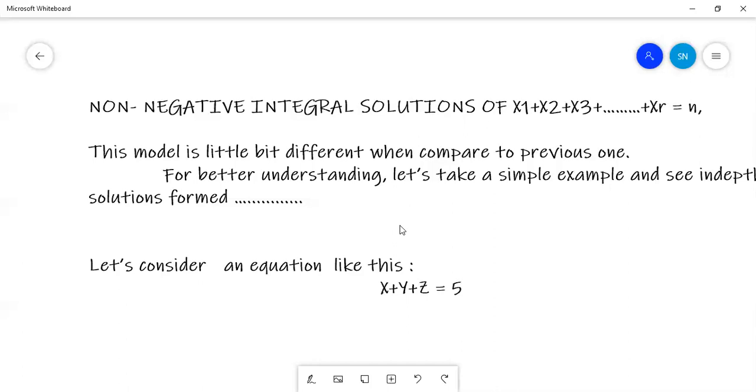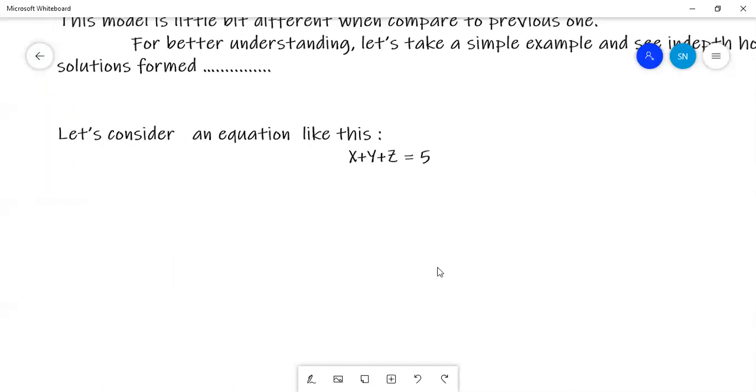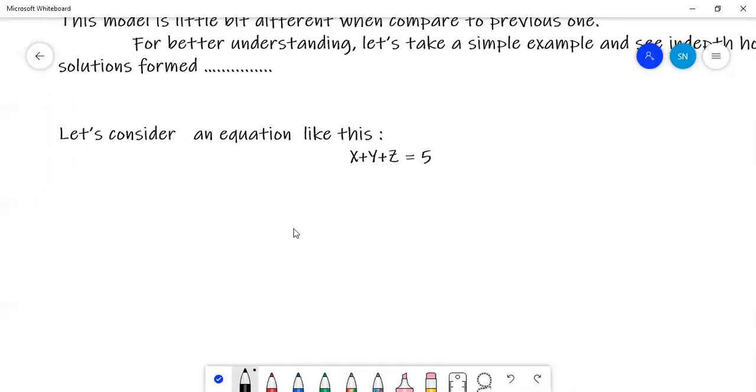A little bit different in this derivation. So what my string is here: 0, 0 and 5 ones. Instead of 2 flags, I have taken 2 zeros.